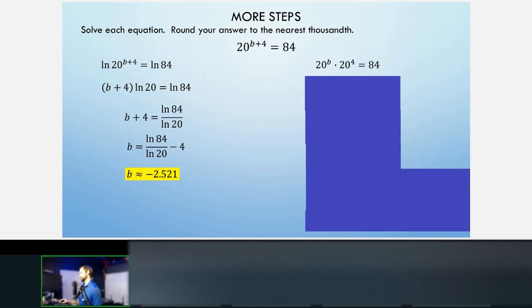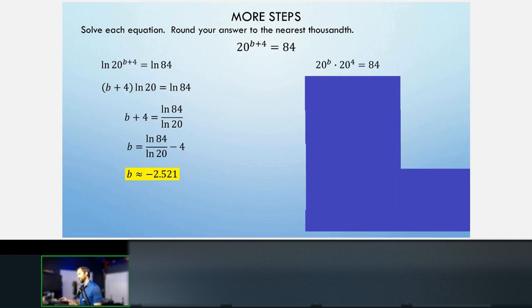Does that look familiar? We can separate it to be 20 to the b power times 20 to the 4. Remember, same bases, you add exponents. So going reverse, you can separate them. Oh, yeah, that looks familiar. Yeah, and again, I wouldn't say it's the worst way to approach this problem.